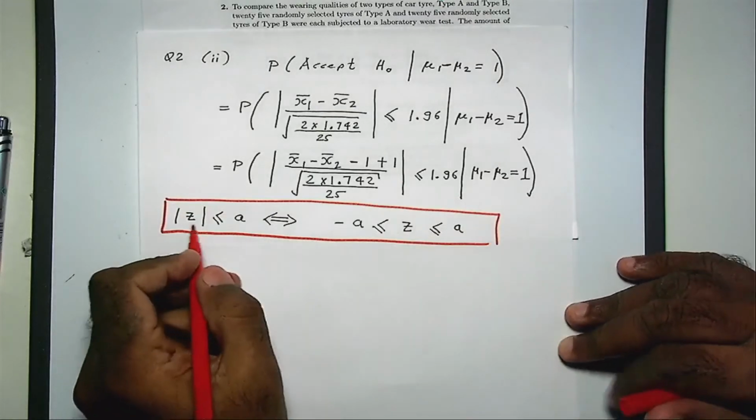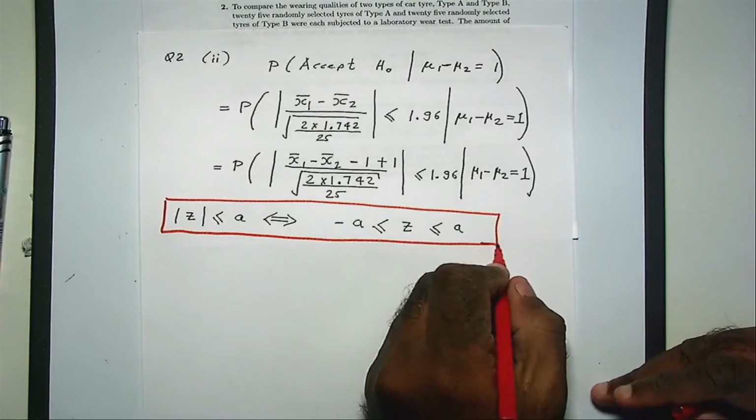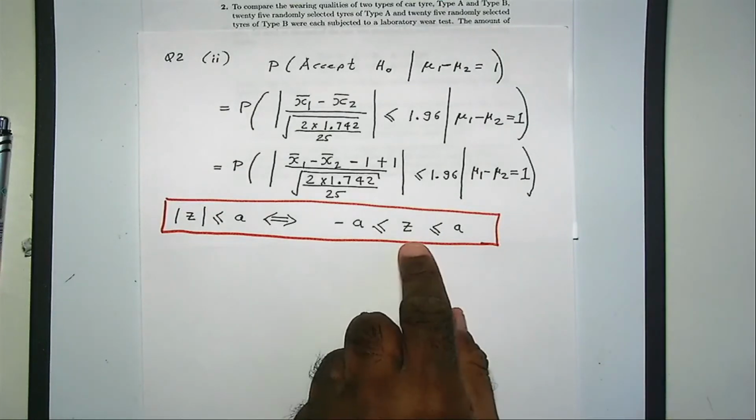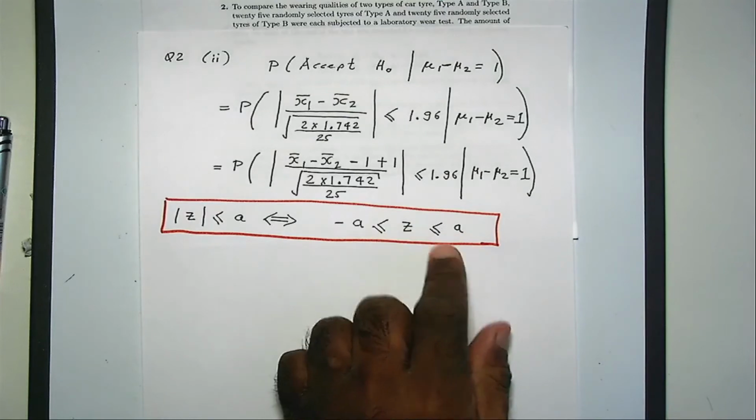If you have an absolute value of z less than or equal to a, it means that z is between -a and +a, right?